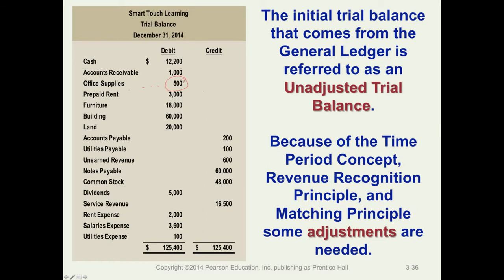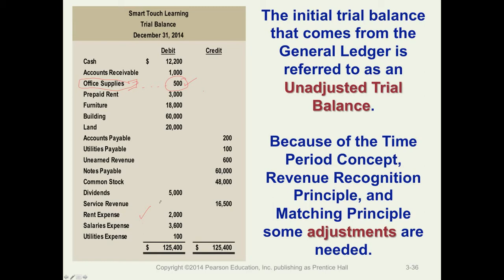So you may have to go into the stockroom, count up the supplies you have to determine how much of those supplies are left. And not all of this will remain, and you might have an expense for supplies that are used. So again, the initial trial balance from the general ledger is unadjusted, and therefore, in order to apply the matching, revenue recognition, and the time period concept, we have to make adjustments.